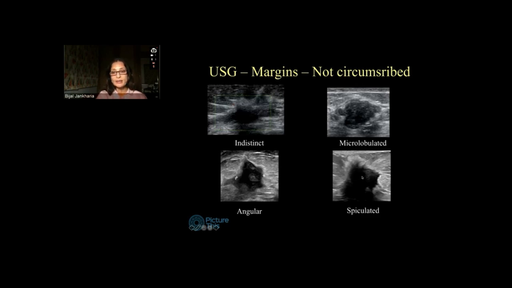The straight lines which are going ahead from the lesion at its periphery. So when we talk about this lesion, we are going to be saying that it is an irregular shaped lesion in a parallel orientation with not circumscribed microlobulated margins.